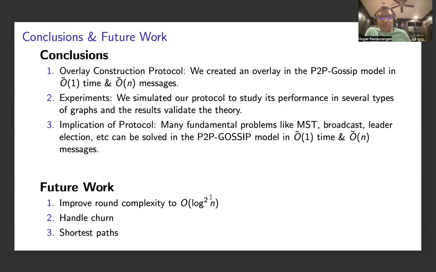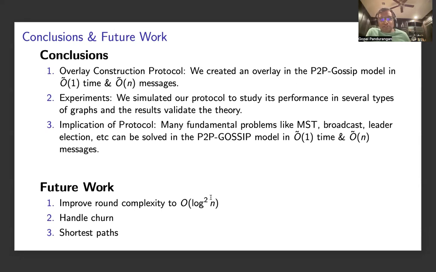We also did some experiments to see how our protocol does in practice. We ran it on many different types of starting graphs, and they all converged quickly to an expander with constant conductance, essentially the best conductance possible, in very few phases.